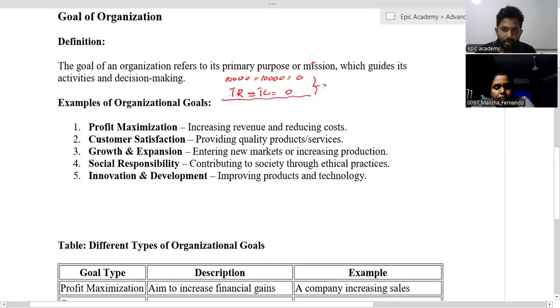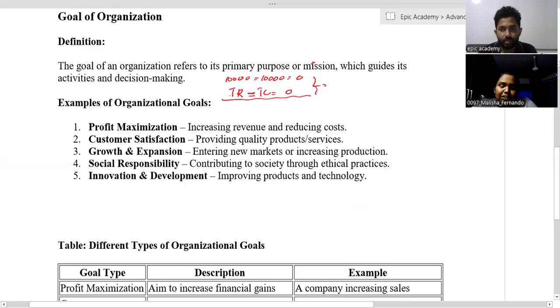Some different words are used in economics. If a question says it is earning normal profit, then you have to identify that in that kind of organization the total revenue equals the total cost. That is why they are talking about normal profit. Different words.